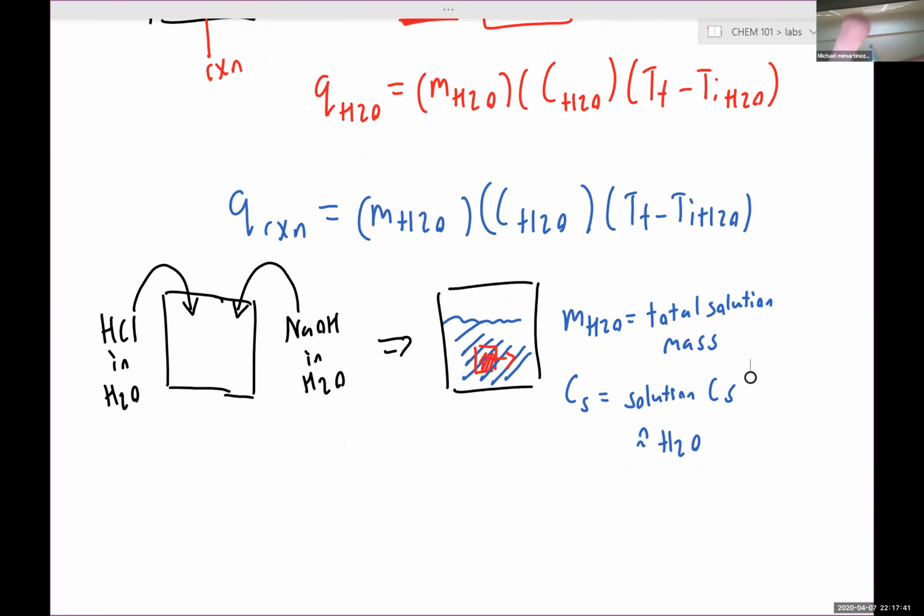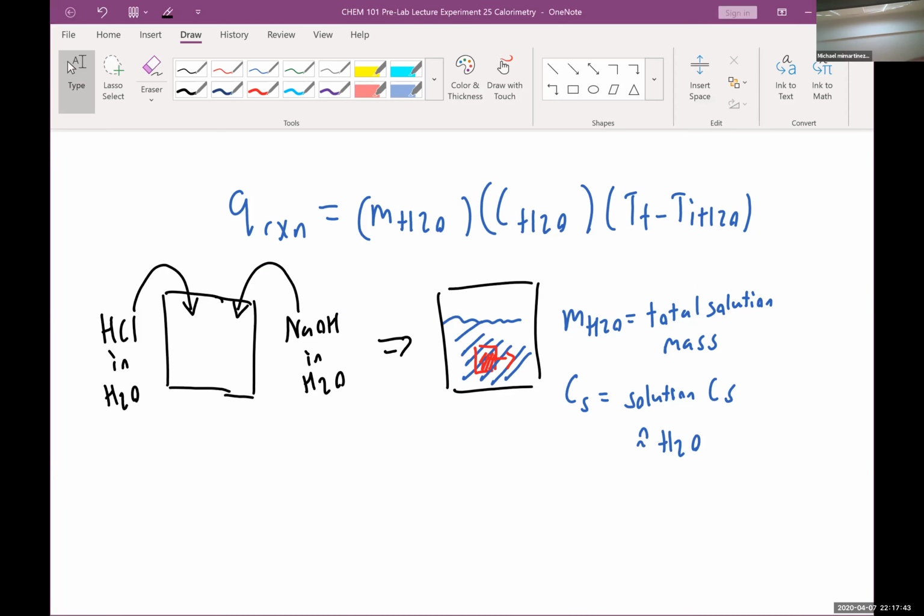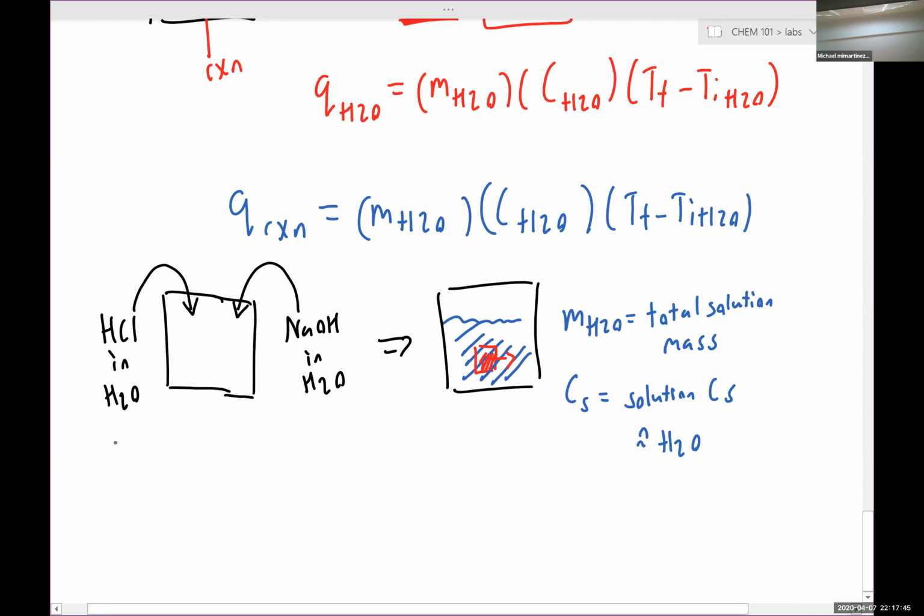And now, as the reaction proceeds, eventually we will be able to know the initial temperature of both of the solutions we mix. And at the end of our reaction, we will know the T final at the end of reaction. So we can measure our T initial and T final and plug them into this equation.